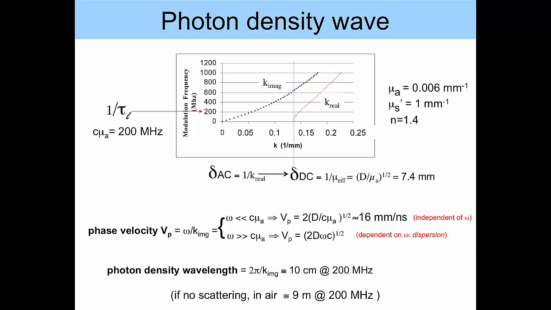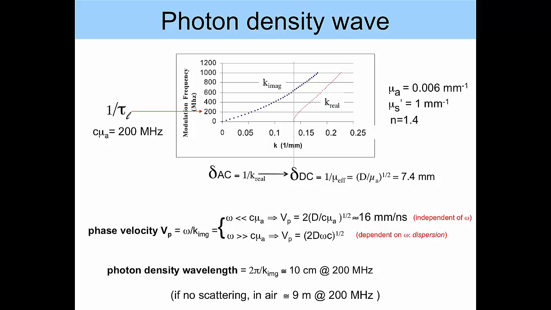But with multiple light scattering at 200 megahertz, your wavelength, which is 2 pi over k, is going to be 10 centimeters. So quite a bit shorter. And that's a consequence of the multiple light scattering. So you can kind of think of this as a way of focusing of the wave.